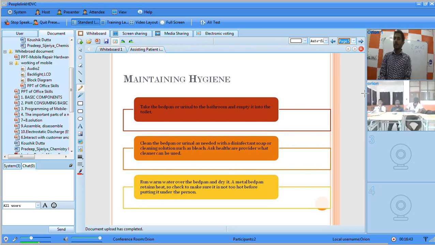Because maintaining good hygiene in a hospital leads to the good health of the patient. Any issues with hygiene lead to various kinds of infections which spread in the hospital from one person to another.